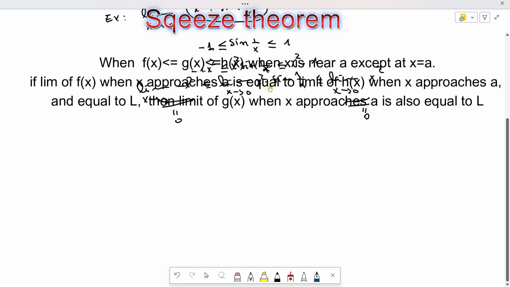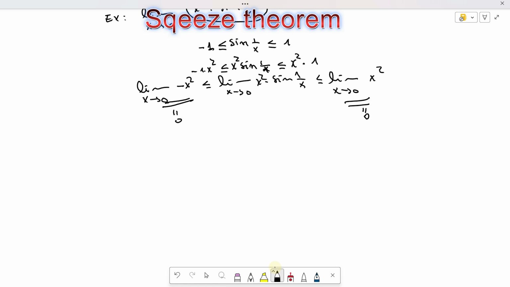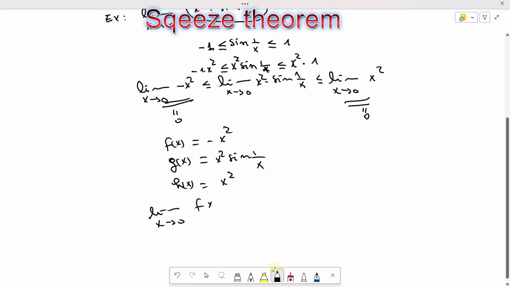If we try to apply our theorem, let's consider f of x to be equal to minus x squared, g of x to be equal to x squared times the sine of 1 over x, and h of x to be equal to x squared. We have already proven that the limit when x tends to 0 of f of x is equal to the limit when x tends to 0 of h of x, and both are equal to 0.